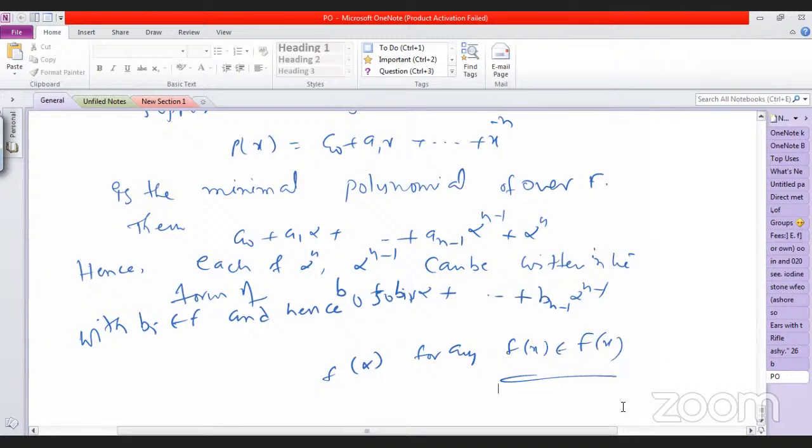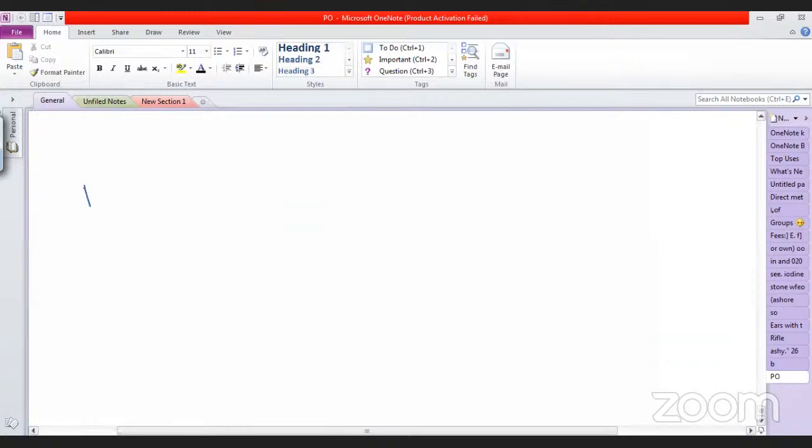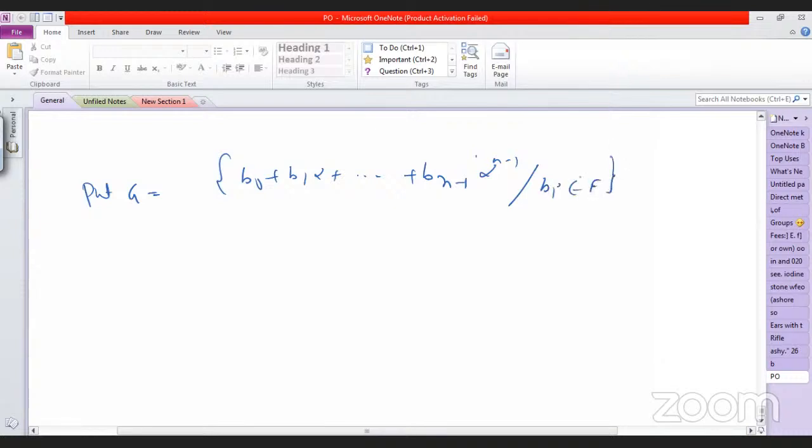Now we put G here, G equal to b0 + b1 alpha + ... + b(n-1) alpha^(n-1). We can write the above condition. So clearly G is a subring of K. G is a subring of K containing F and alpha.